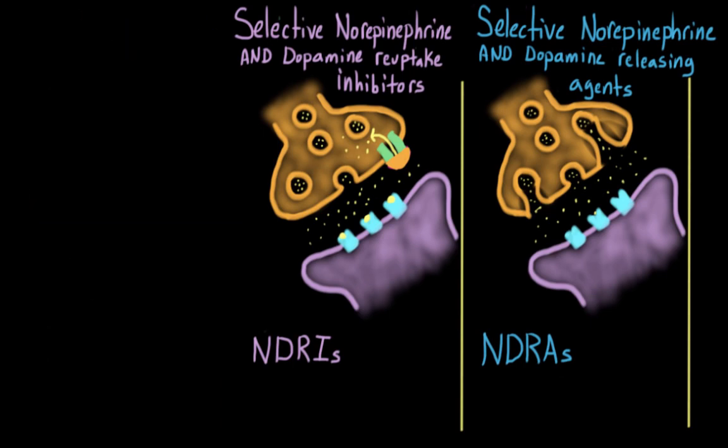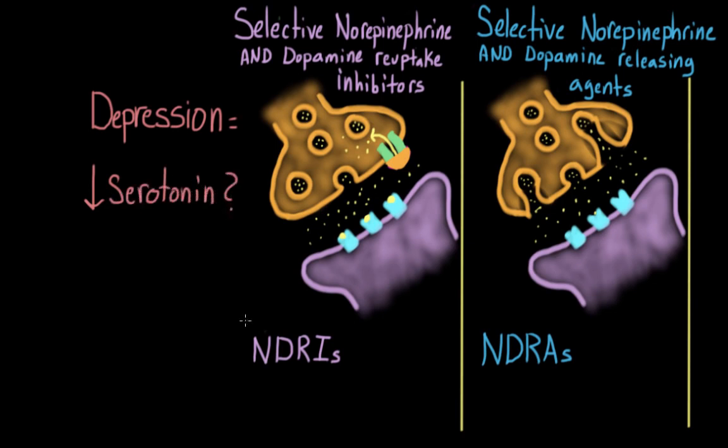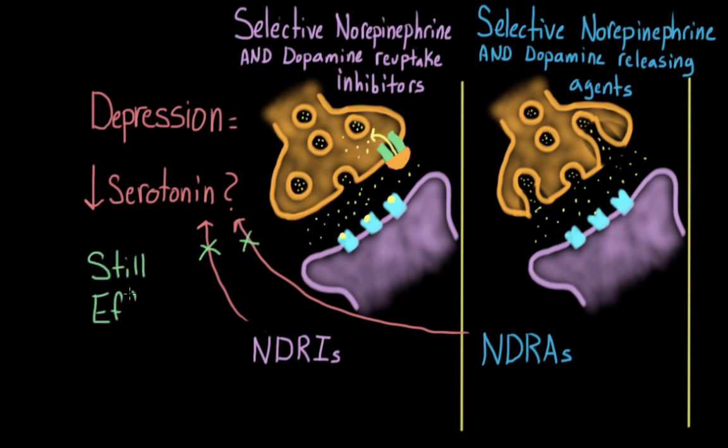And both of these drugs are really promising, and I'm sure that they'll only increase in popularity as time goes on. But I really wanted to mention them here because I think that they challenge our cultural narrative of depression being caused by a decreased level of serotonin. Because these drugs relieve the symptoms of depression without influencing serotonin levels at all. And that's just something to keep in mind.